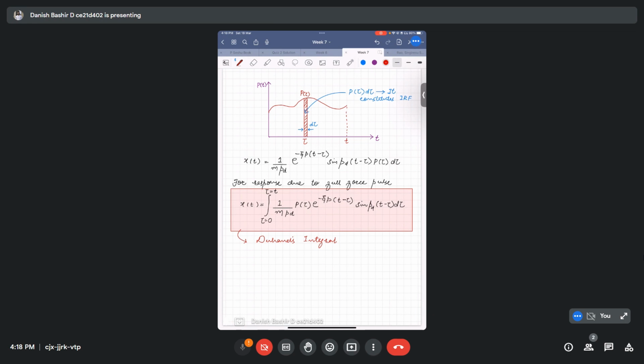That's a simple thing. And we got the Duhamel integral. And using this Duhamel integral, we can write the response because of a step pulse, a rectangular pulse, a triangular pulse, and half sine and full sine pulses as well, as we already did in week 5 using the direct method for deriving the governing differential equation. So this was all for today. Thank you for joining.